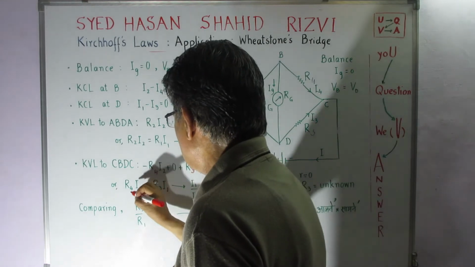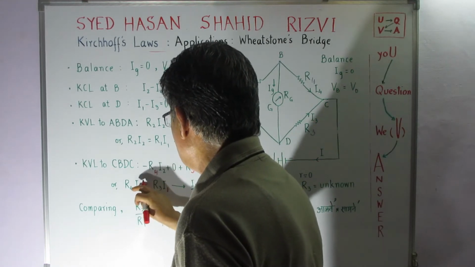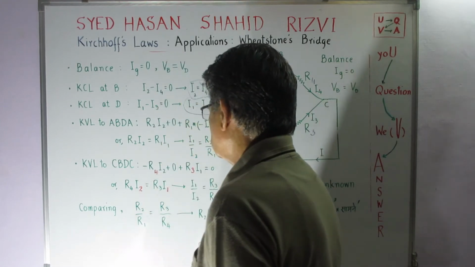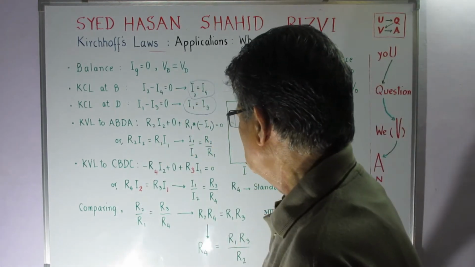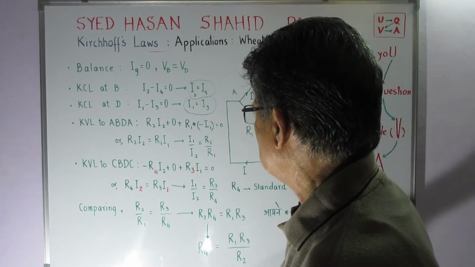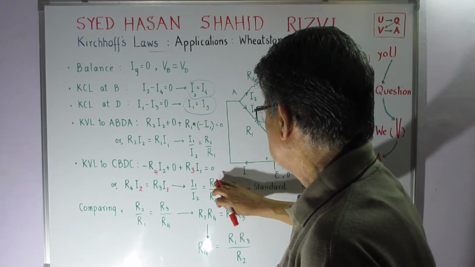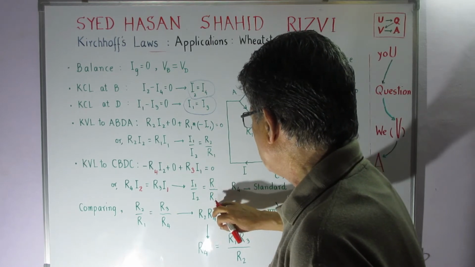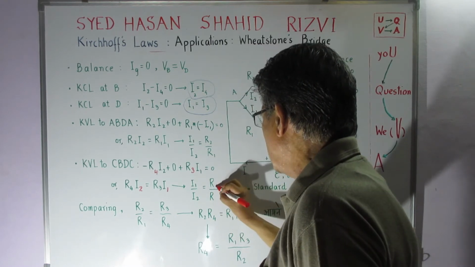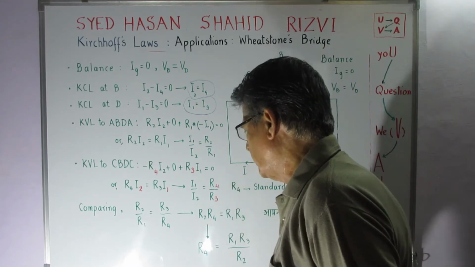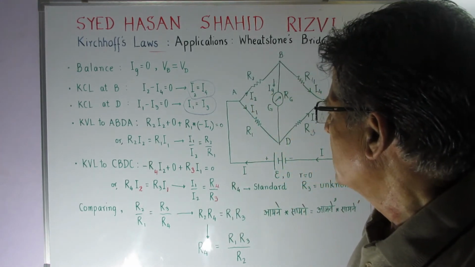Okay. R4 I2. Okay, so I1 upon I2 becomes equal to R4 upon R3, doesn't matter. Okay, what we get?